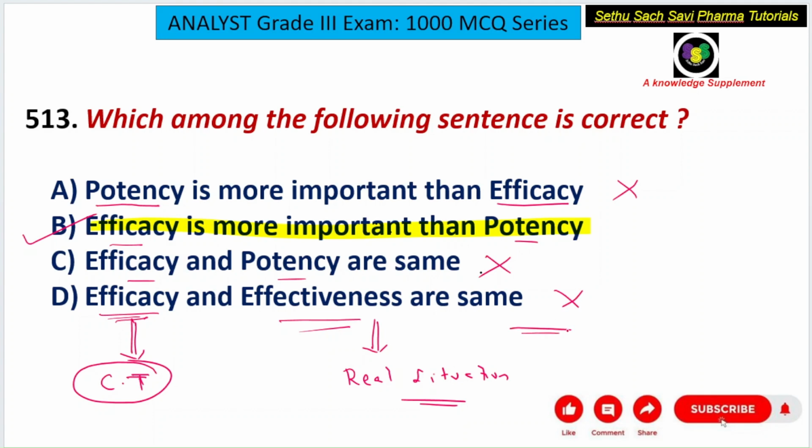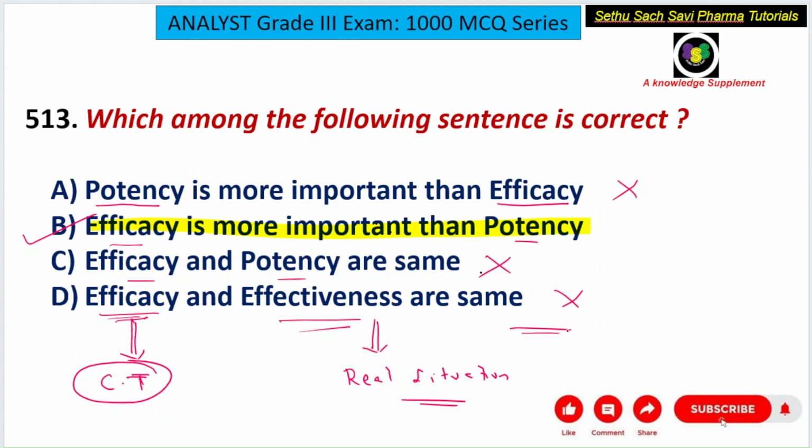In clinical trials the word efficacy is more correct, and in the real, actual situation the effectiveness of a drug is more appropriate. Although they are related terms, they are used in different contexts. So the correct sentence here is efficacy is more important than potency.